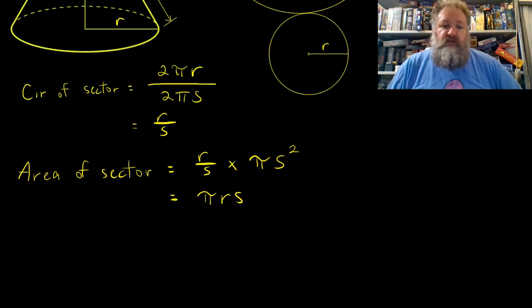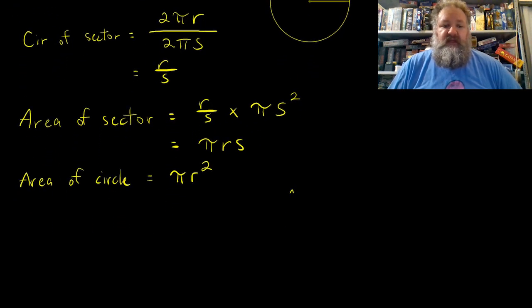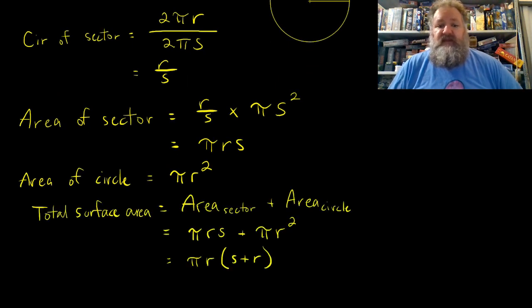We already knew that the area of a circle is just pi r squared. So when we put this whole thing together, the total surface area will be equal to the area of the sector plus the area of the circle. So we know that it's pi r s for the area of the sector, pi r squared for the area of the circle.